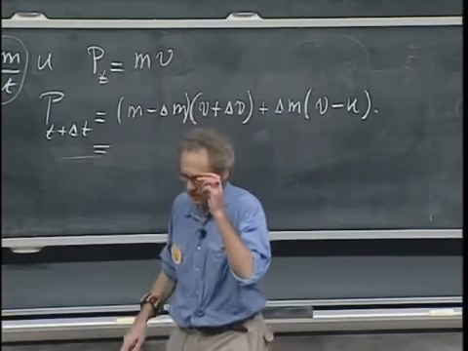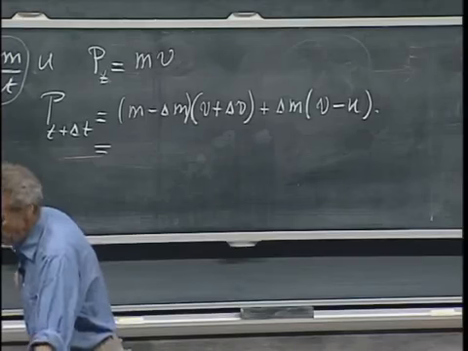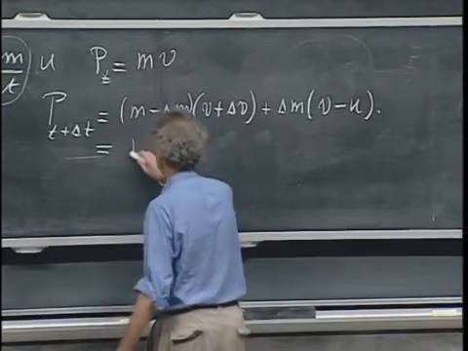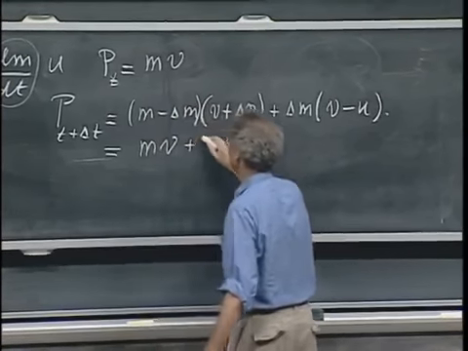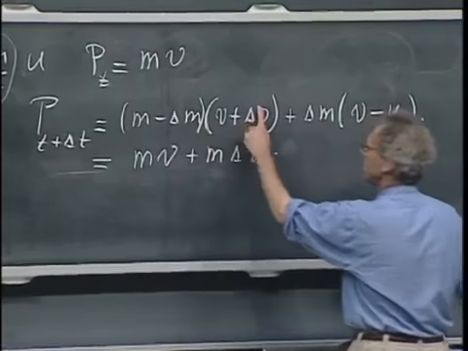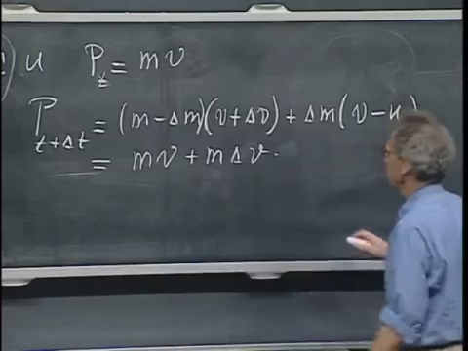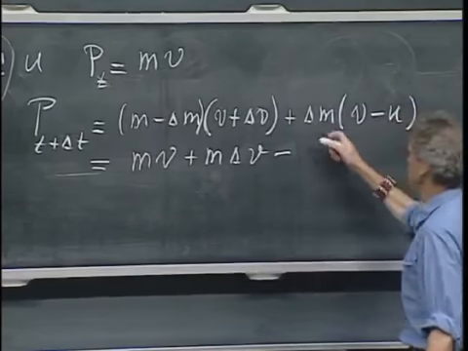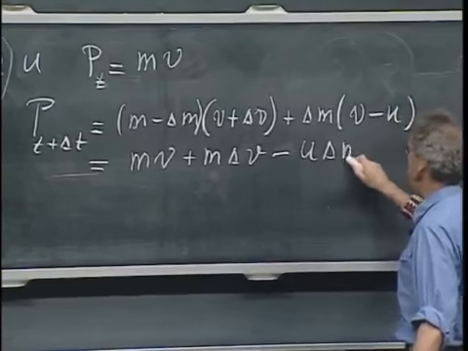And how large is this? Well, there is mv plus m delta v. Here you see the m delta v. Here you see the mv. And then you get minus u delta m.